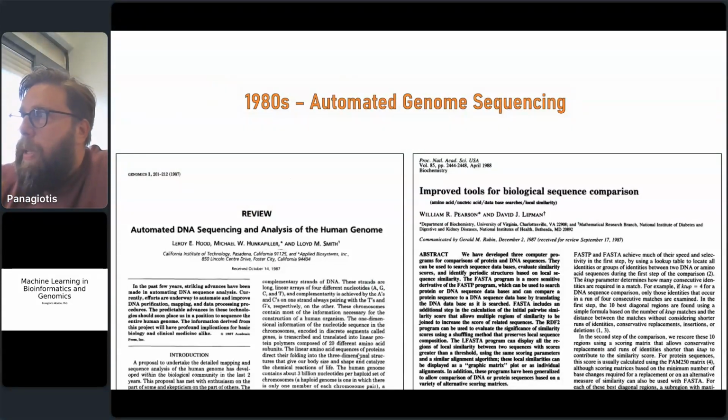Getting machines to do the actual sequencing allowed for more computing power, so you can store larger amounts of data. You can do things like align sequences to each other and so on.